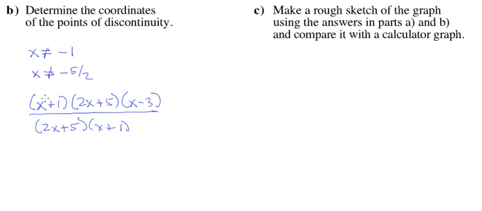But what if they weren't there? Pretend for a moment that we'd lost the x plus 1's, and we were just working with the rest of the expression. We'd have 2x plus 5, x minus 3, over 2x plus 5. We're saying, okay, how about these guys?